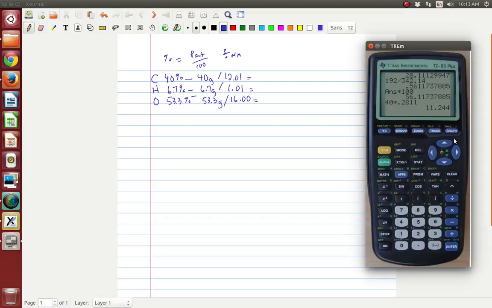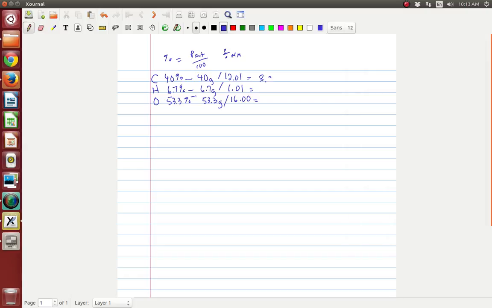So I'm going to do 40 divided by 12.01, and I get 3.33, and this is going to be the number of moles.